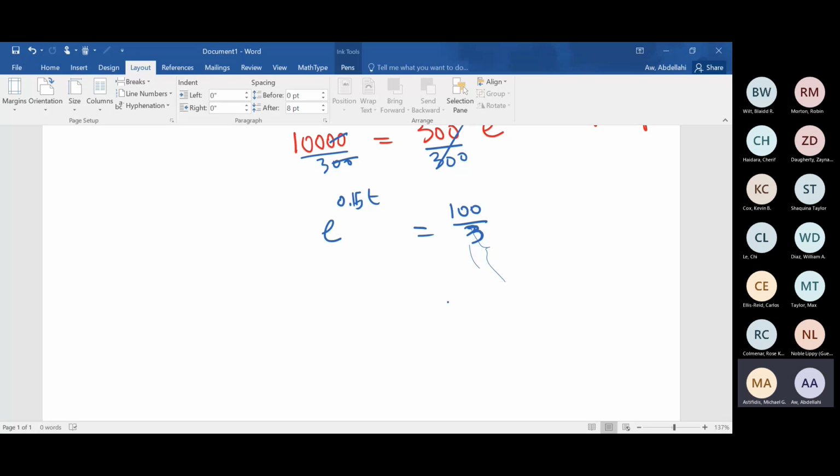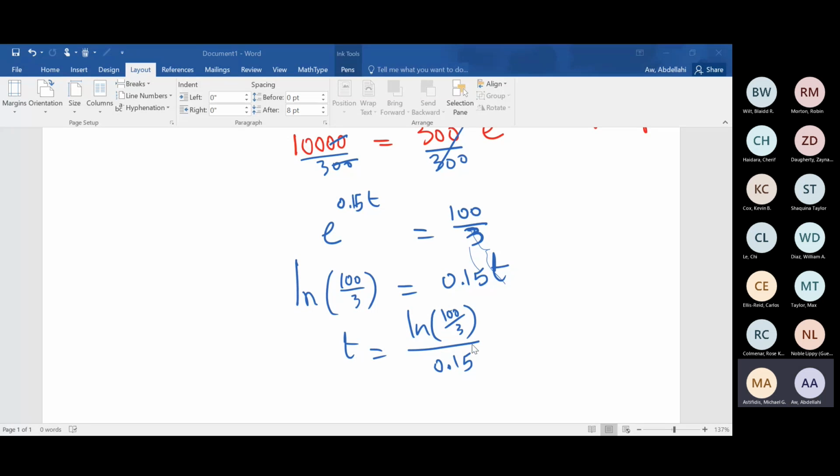Can you tell me what's going to be the log form of this equation? Ln 100 over 3, yes, equal to 0.15 T, exactly. And then at the very end, we divide by 0.15. So we say T equals Ln of 100 over 3 divided by 0.15.